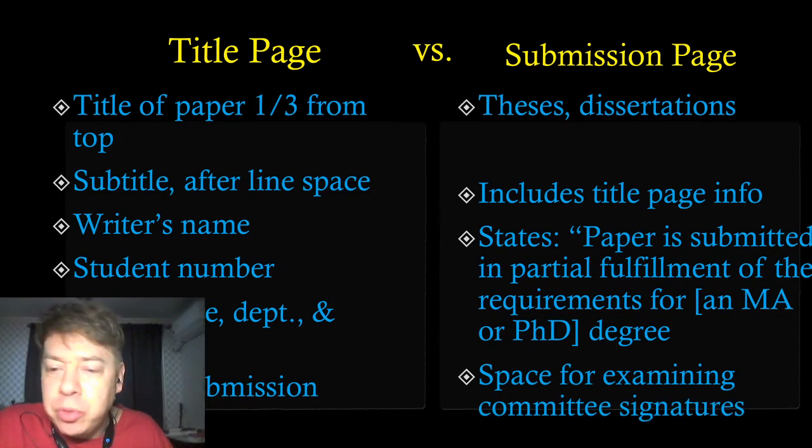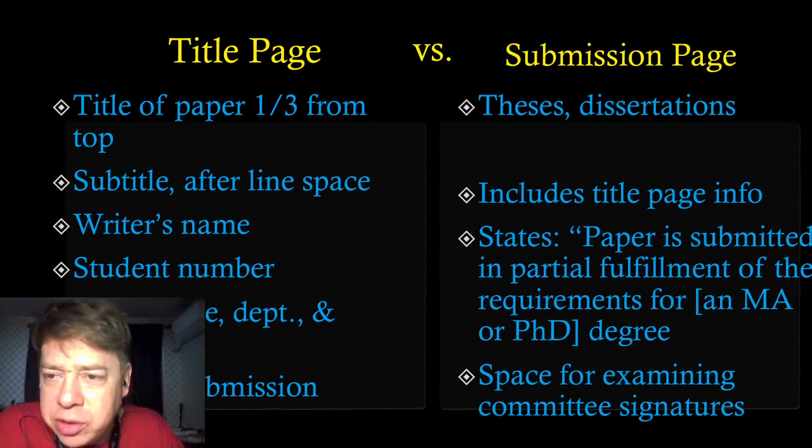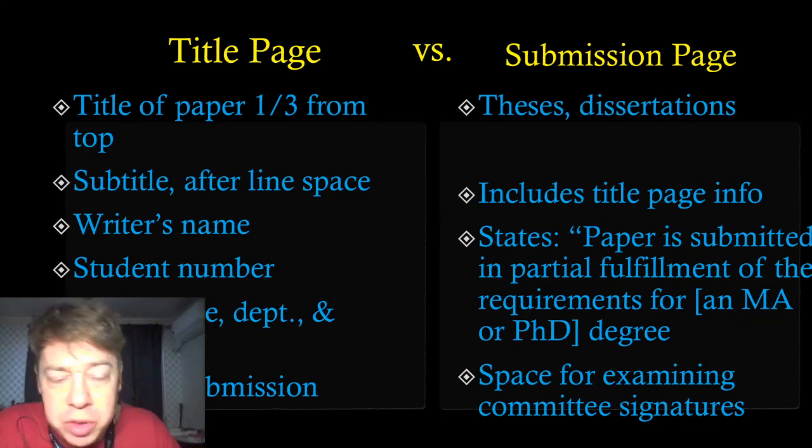There's also usually a space at the bottom for your committee signatures, indicating who is there and maybe the approval of acceptance of your dissertation or thesis once you've defended it. So you can see there's a difference there. This line does not appear in your title page on a regular essay or assignment.